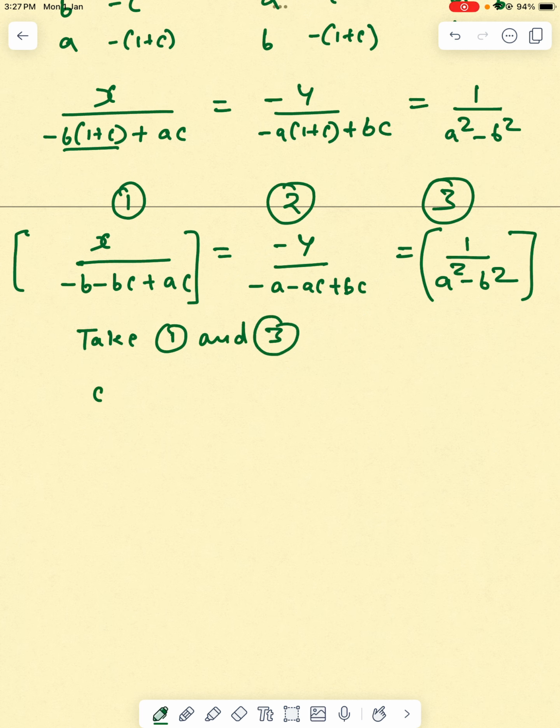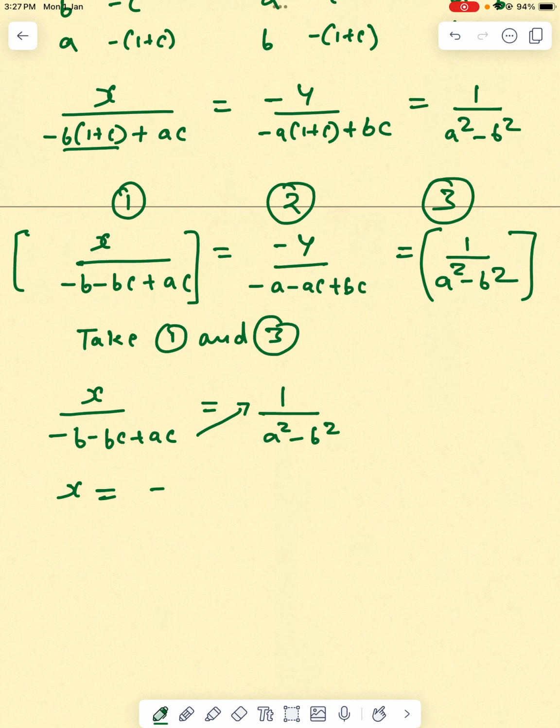What will we have? x upon minus b minus c, okay, I'm writing it as it is, equals to 1 upon a square minus b square, right? So take it on this side like this, minus bc plus ac on a square minus b square.